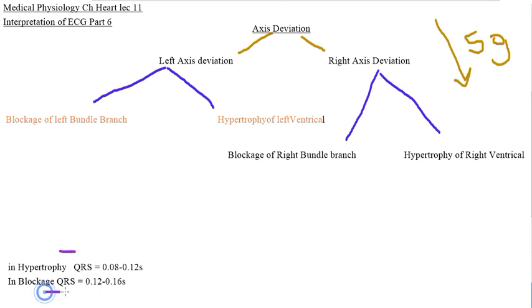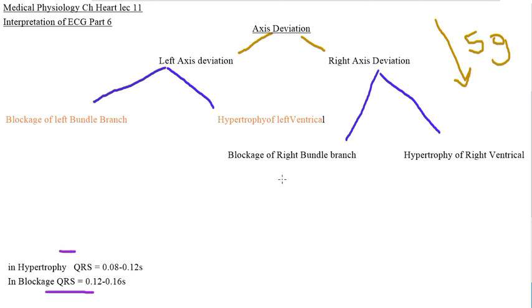So the duration of QRS will help you in diagnosis whether the left axis deviation is because of blockage or because of hypertrophy. And the same is true for blockage of the right bundle branch of Purkinje fibers and hypertrophy of the right ventricle. If there is hypertrophy of the right ventricle, then the QRS will elongate between 0.08 second to 0.12 second.